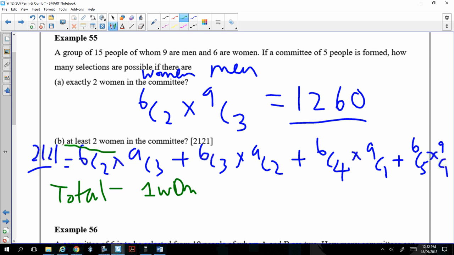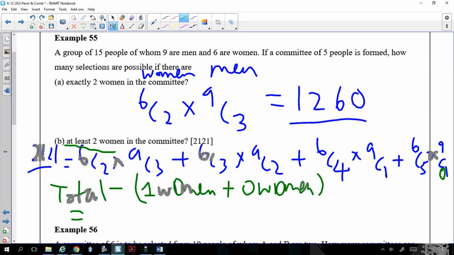Okay, 1 woman or 0 women. Let's see if we get the same answer. So the total number of ways will be 15C5 minus 1 woman, which is 6C1, 4 men, and then 6C0, 5 men. See if we get the same.